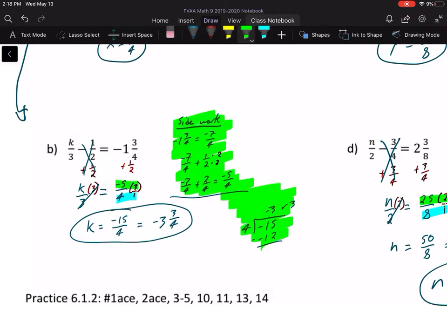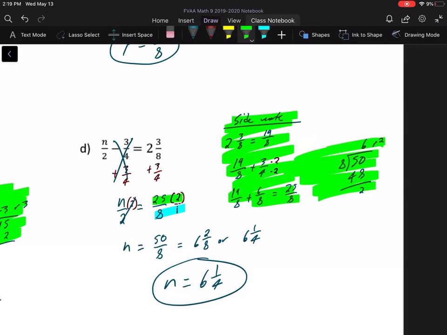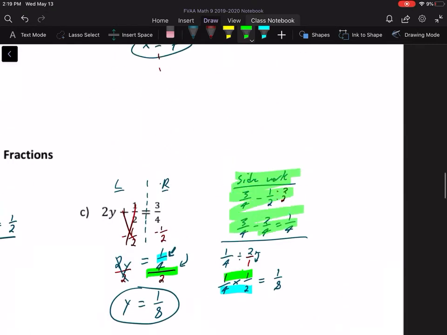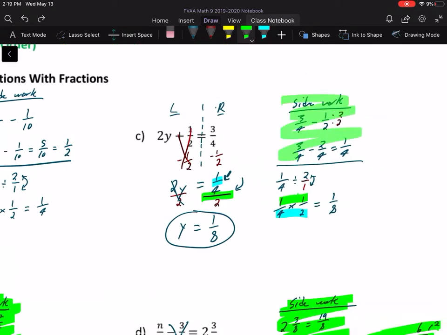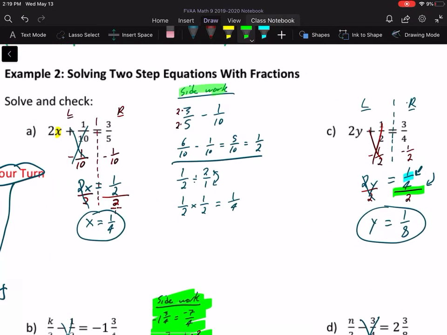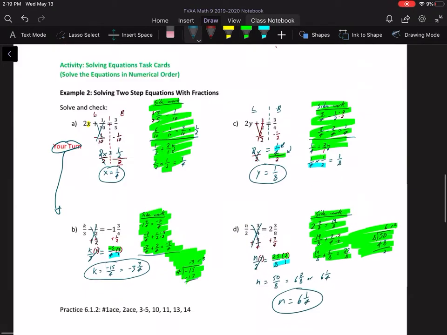Okay, that'll help keep your algebra clean, and it'll help to keep your fraction steps clean as well. So you want to do side work to the side when it comes to dealing with your fractions. Maybe I should have done that. So it doesn't get in the way of your algebra work. Okay, kind of keep them separate.